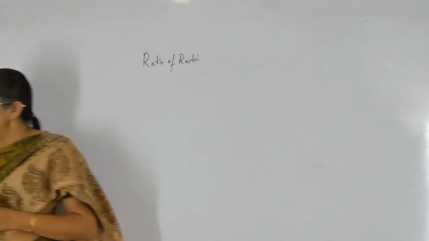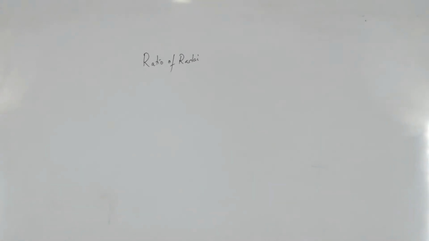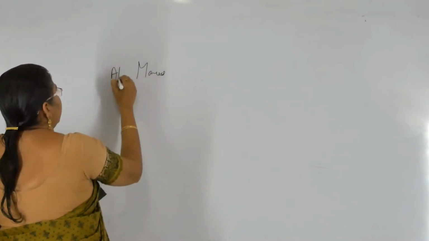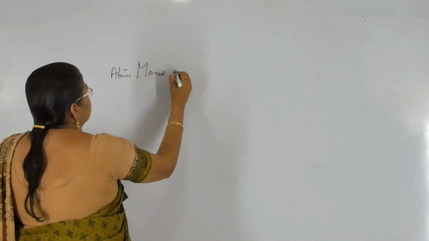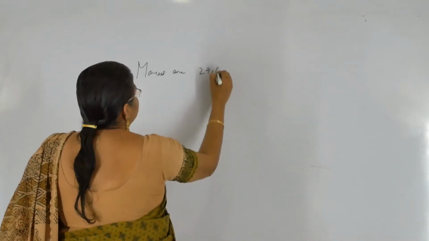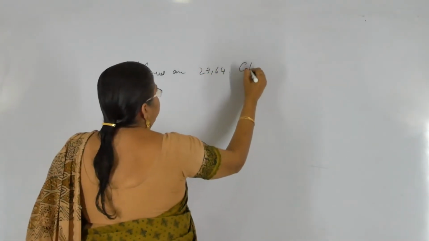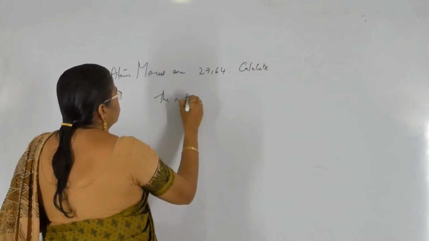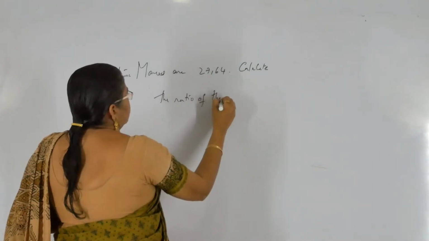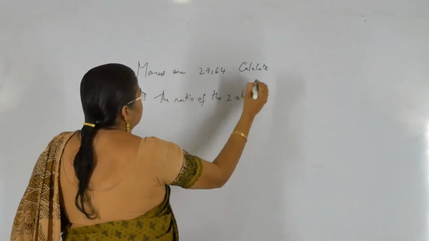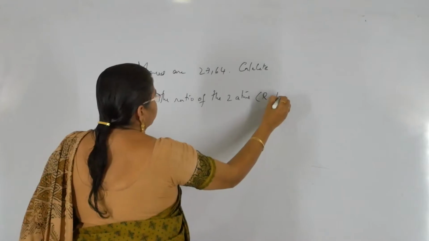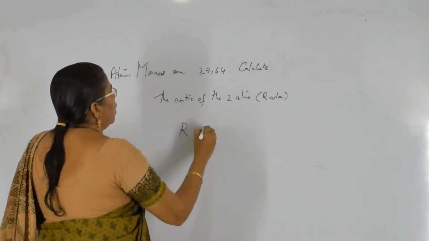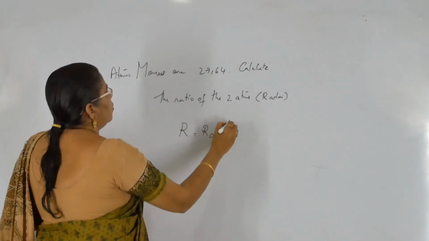There is a problem on this. The atomic masses are 27 and 64. Calculate the ratio of the radii of the two atoms. Here we can write R is equal to r naught A power 1 by 3.